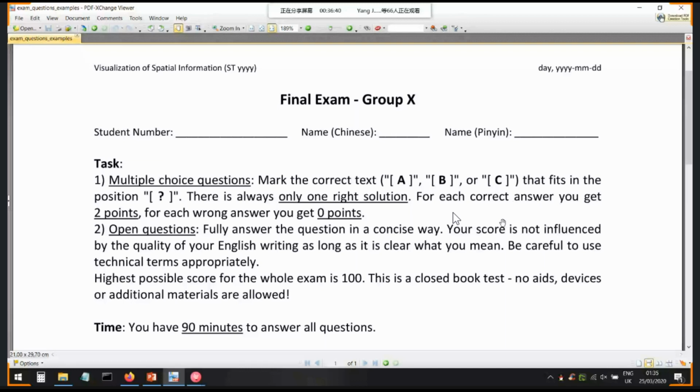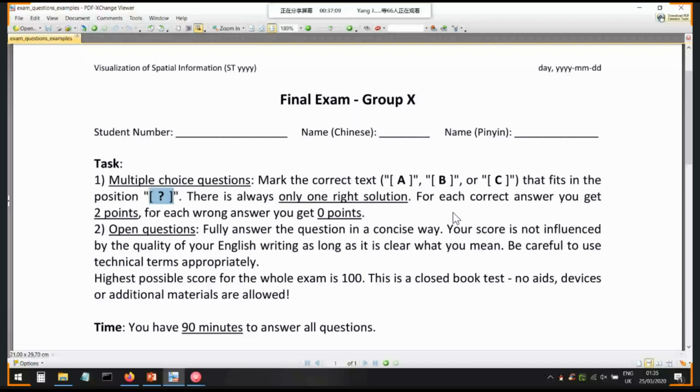And this is a text or a word, a single word or a text, several words that fit into a sentence that is written before. And you will then see the examples, then it's clear what I mean. And so there is a position marked with this question mark. And the text should fit in there. And there's always only one right solution.